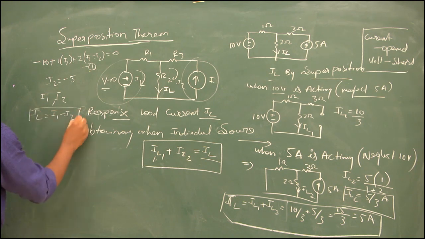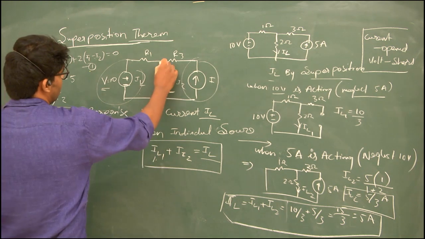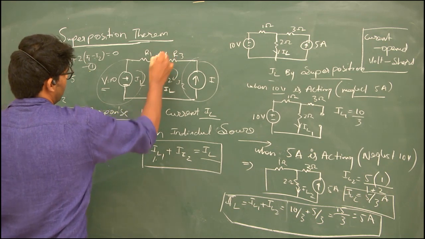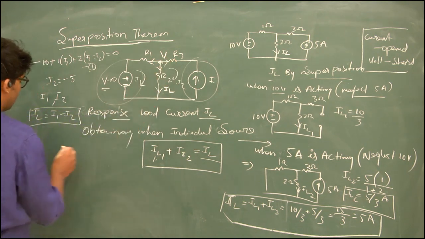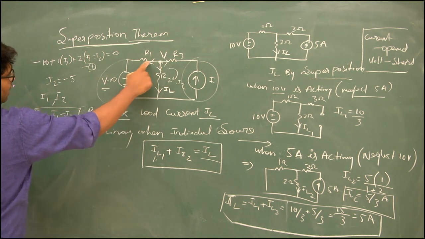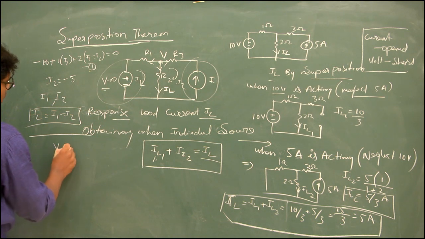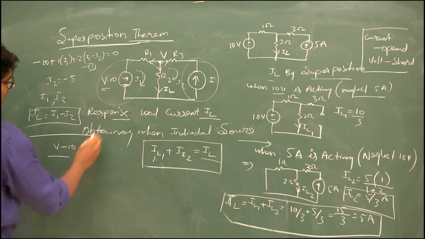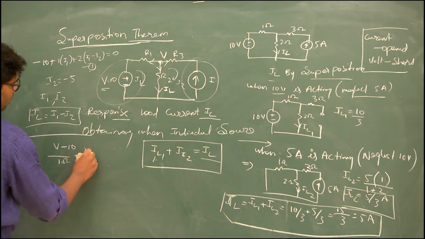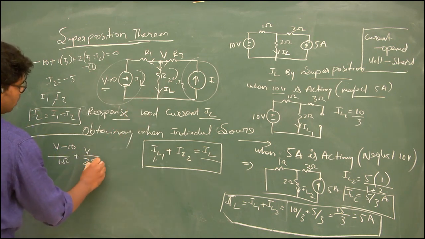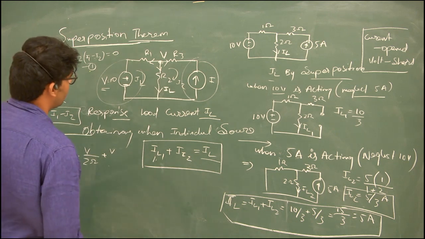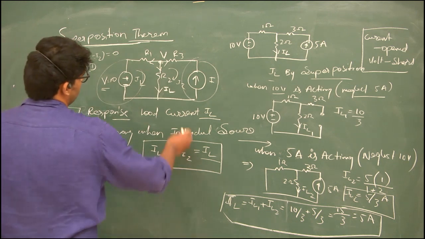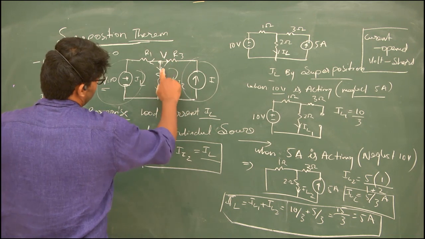Okay. Now by node analysis, if you want to find, you can also find. Assume that voltage V is at that node, apply KCL at this node. So KCL at this node, the current is drawn like this. So V minus 10 by R1, which is 1 ohm, plus V by R2, which is 2 ohm, plus this current is flowing in the downward direction.